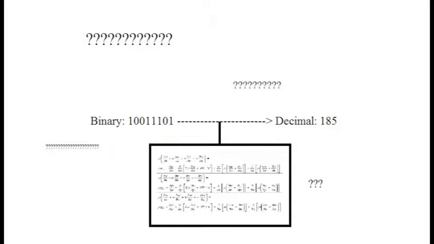I think the biggest problem when it comes to people trying to convert binary to decimal is they try to make a system that can convert all numbers from 0 to however high they want to go, like 0 to 1,000 million something.